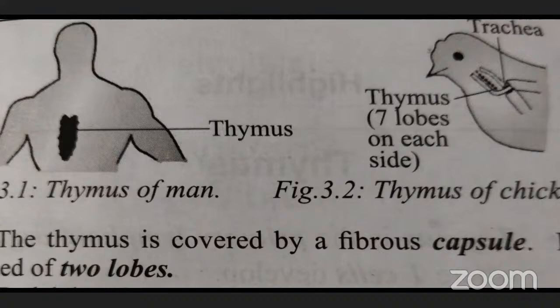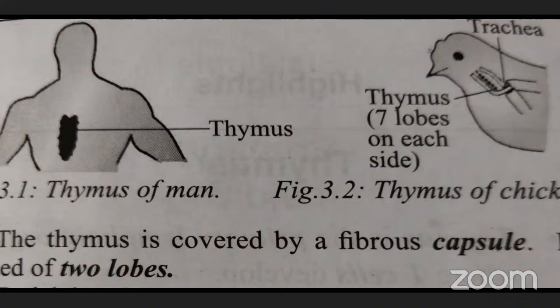Thymus begins its development in the 6th week of gestation. At the time of birth, it weighs around 15 to 20 grams, and it increases its size after birth.